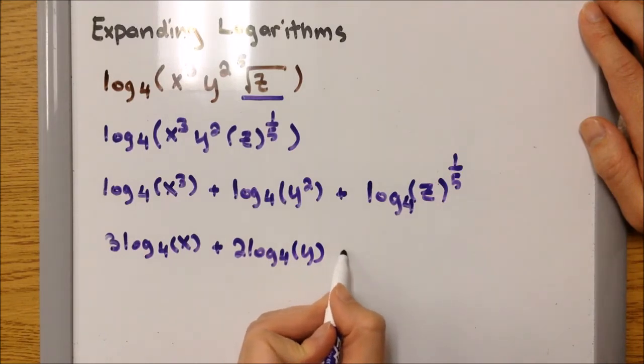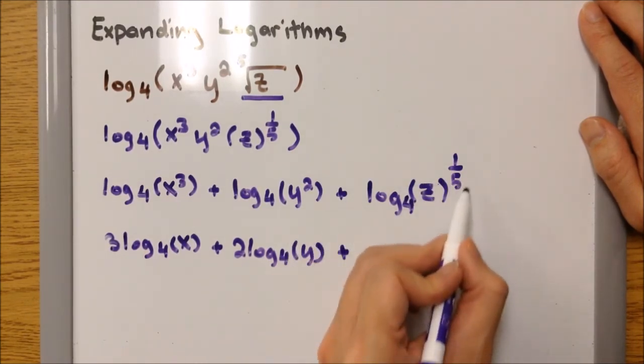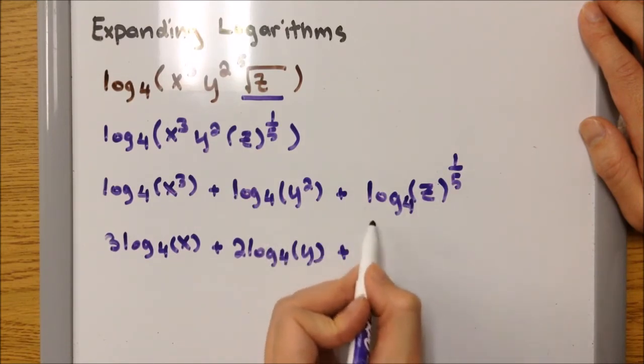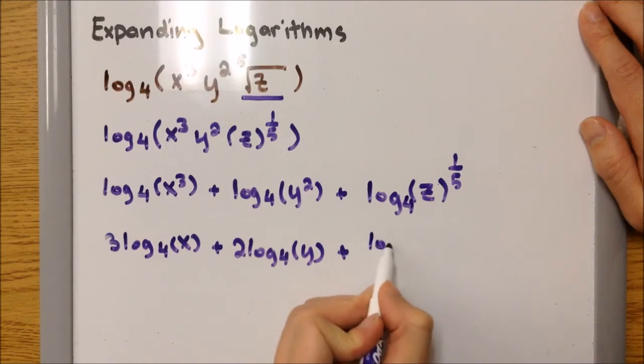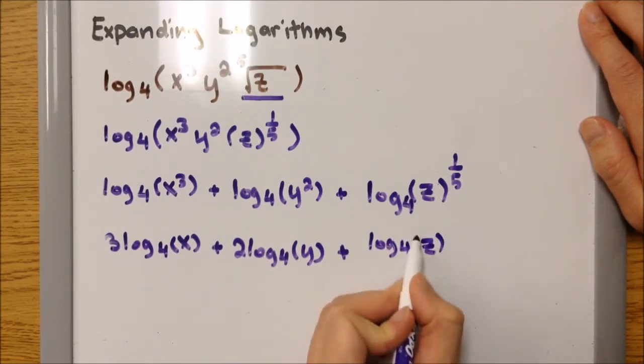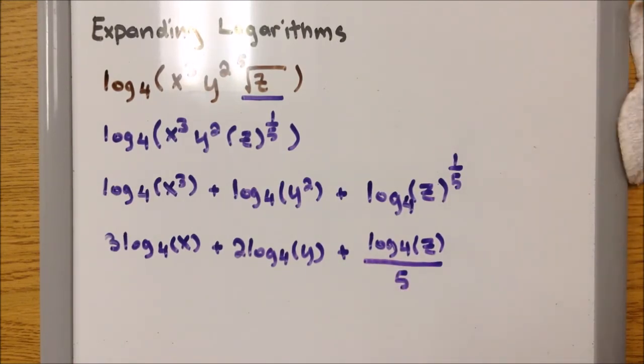and then plus, since it's a fraction, I could write 1/5 in the front, but I'm going to make it quick, so I'm just going to put log base 4 of z over 5. That's all I gotta do. So I finished using the power property.